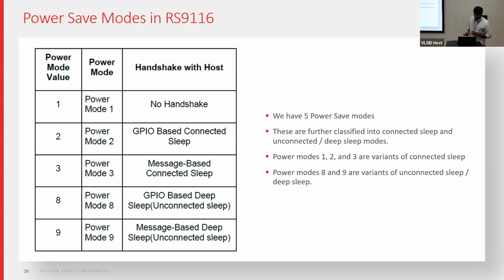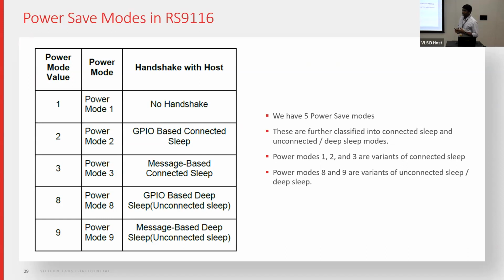There are 5 modes in RS9116 which we have implemented: power save mode 1, power save mode 2, power save mode 3, and 8 and 9. In power save mode 1, we are not using any handshake. Depending on the customer use cases, they can utilize these power modes in their application.